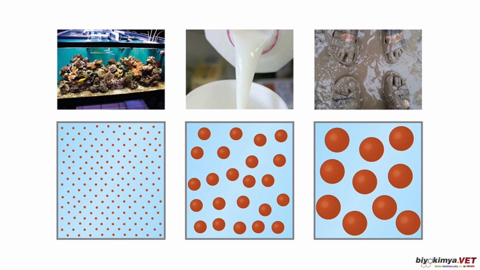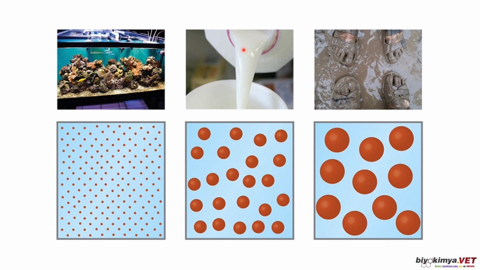Here is another figure representing the difference between solution, colloids, and suspension, and here you see a solution, a homogeneous mixture, clear like the salt water in this aquarium. And in this photo, the particle diagram shows 90 small red spheres dispersed equally in each part of the liquid.